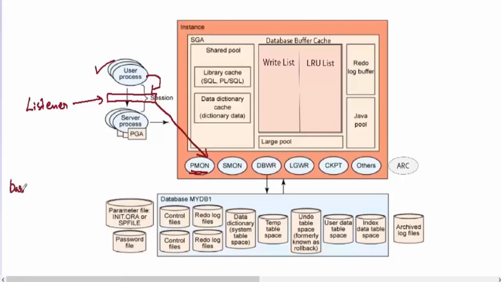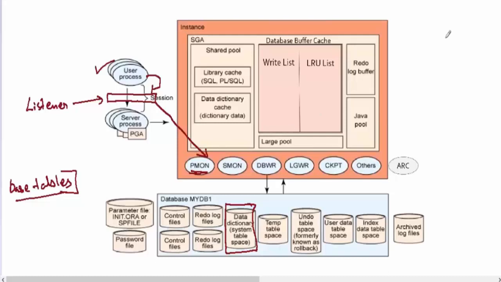You have something called base tables. For now, we know that a base table is the one which stores the user ID and password data. These base tables, by default, all reside under the SYSTEM tablespace. So where do we have the SYSTEM tablespace? This is the SYSTEM tablespace that we have. Remember, all your base tables will reside under the SYSTEM tablespace.